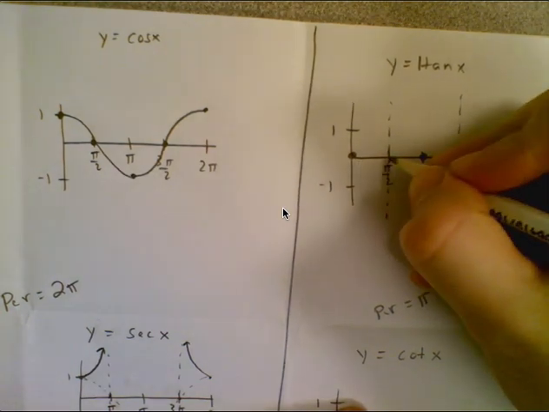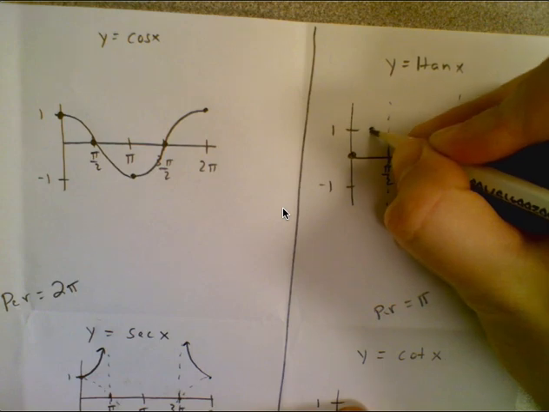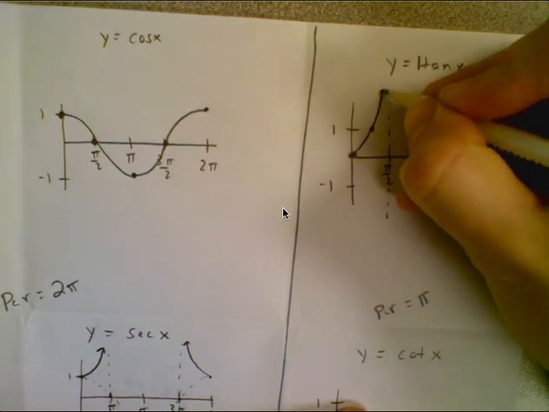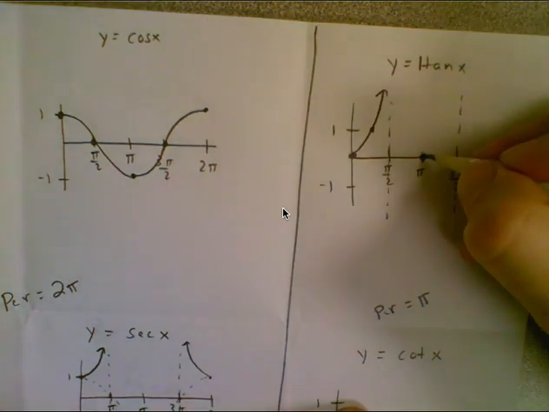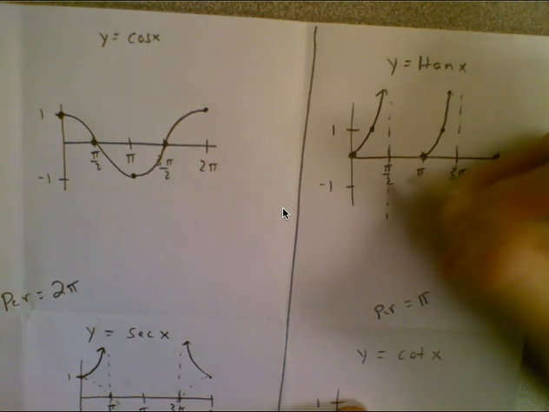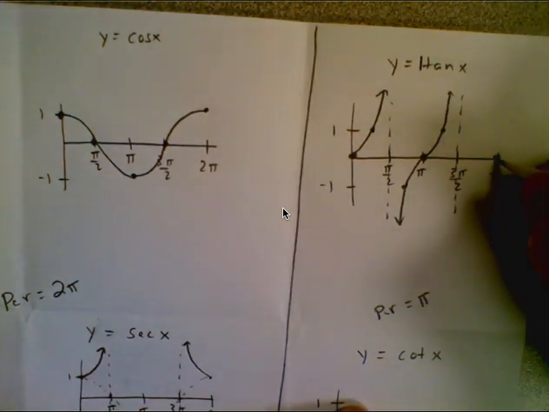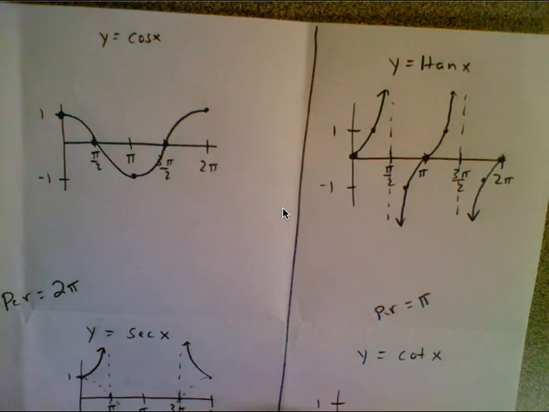So if we went halfway between this middle point and the asymptote, we're going to get a point right about here, up 1. And our graph will go up like this. Same way over here, if we went halfway between the middle point and the asymptote line, if we go up by 1, we'll get this point. If we went down by 1, we'll get that point. And likewise, we'll have this point right here. We'll get the tangent graph.